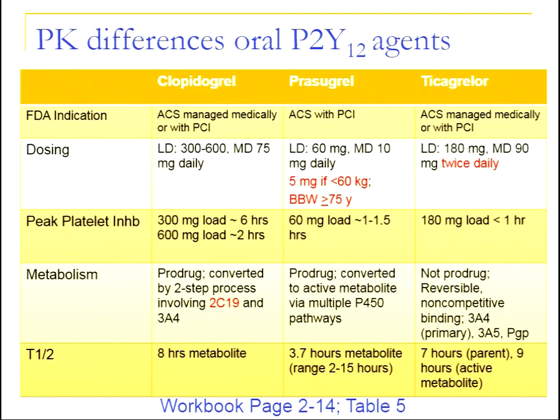But there's observational data both for and against, saying that we really are not quite sure if this drug interaction is of clinical significance. Are patients experiencing stent thrombosis? Are patients not getting effectiveness of the drug? And I'll tell you that the only randomized placebo-controlled trial that addressed this issue was called the COGENT trial.